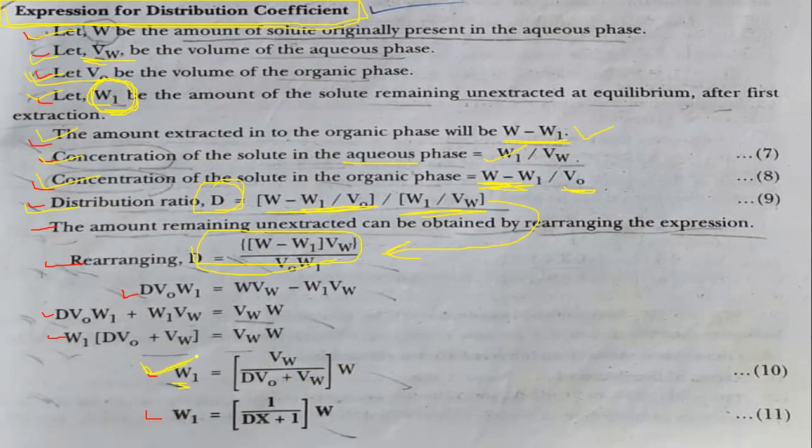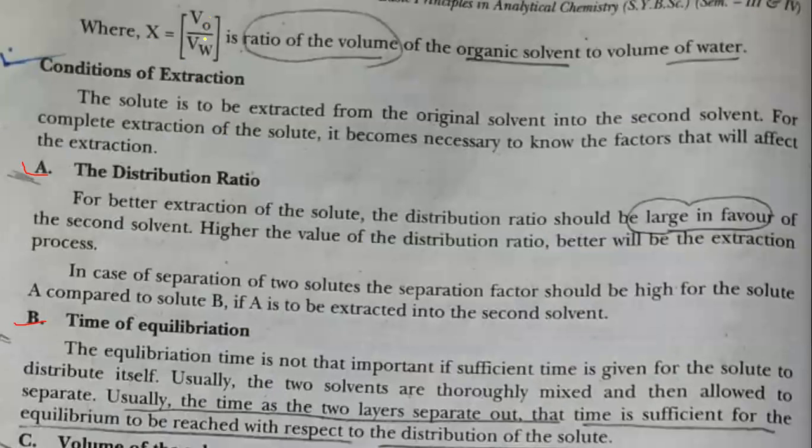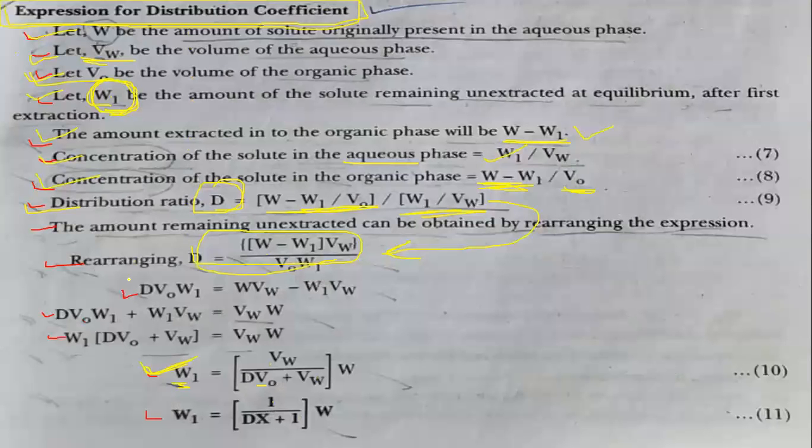VW upon VW will be 1, and VO upon VW is X. X is the ratio of the volume of organic solvent to the volume of water. So this is the equation for the amount of substance remaining unextracted after the first extraction.